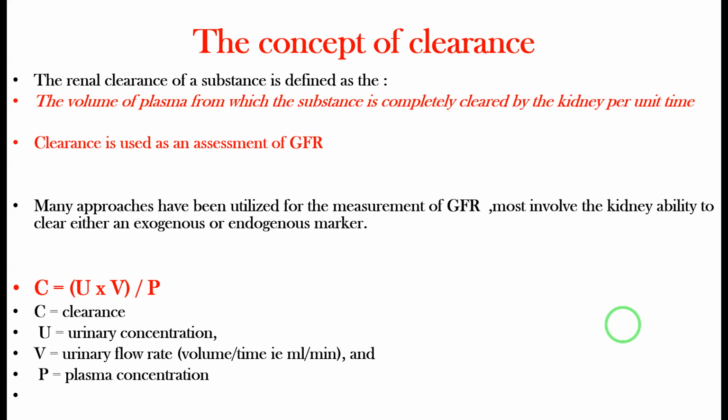So clearance is used as an assessment of the glomerular filtration rate. It is defined as the volume of plasma that can be cleared of a substance in a unit time. So the concentration of the substance must be measured in both the plasma and the urine.